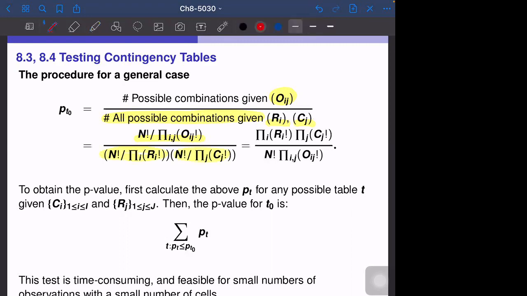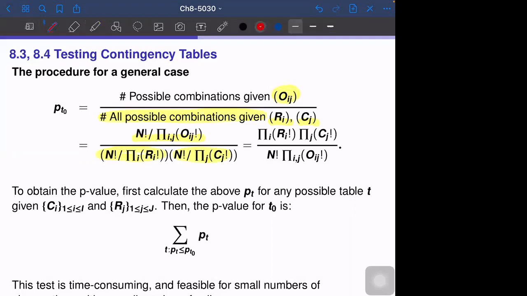Last time we multiplied the combinations: this is 6 choose 3, and the other one 6 choose 2. And we generalize it into multiple rows and multiple columns and general numbers.